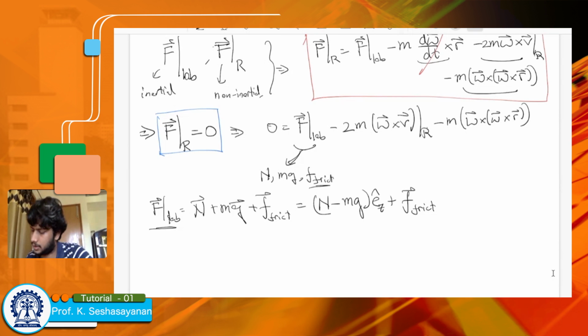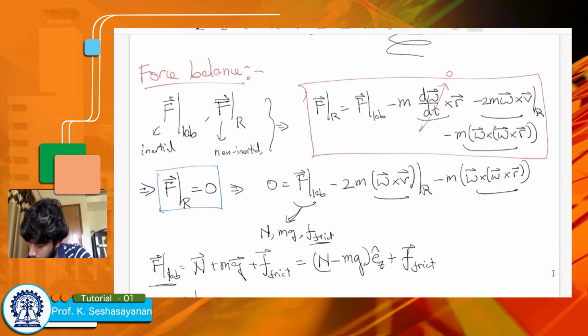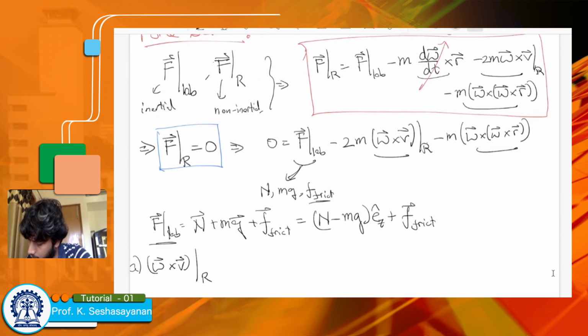So now we'll have to find out these two terms also. So omega cross v in the rotating frame. So for part A, let's go to part A. This is nothing but omega ez hat cross, and now we are writing down the expression for the velocity in the rotating frame. We know the velocity in the rotating frame is along the minus ex prime hat.